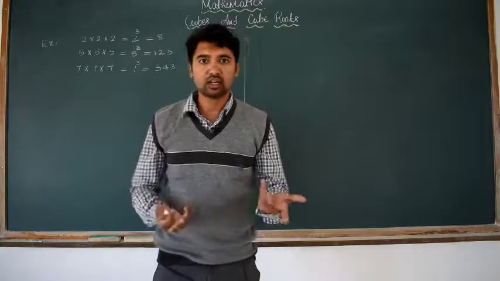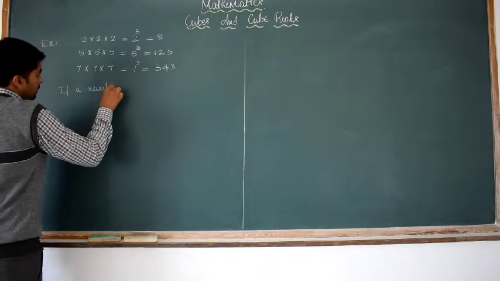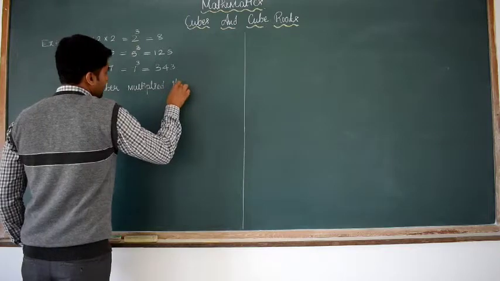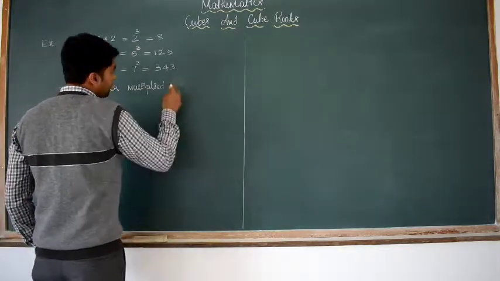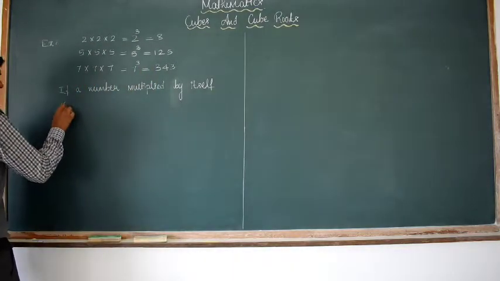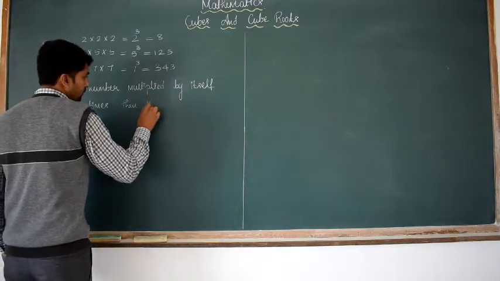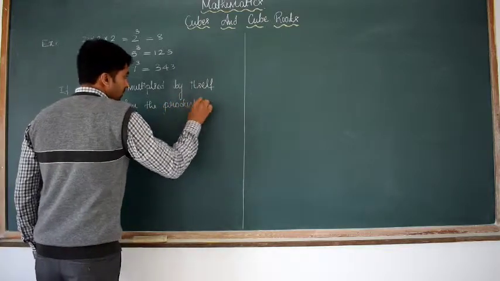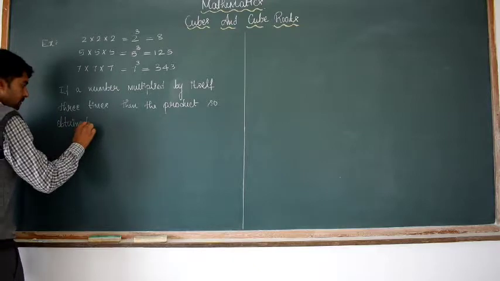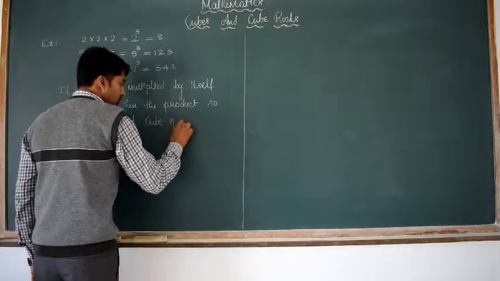If you want to write it as a statement, you can write what I said: multiplied by itself three times, when the product so obtained is called the cube of a number.